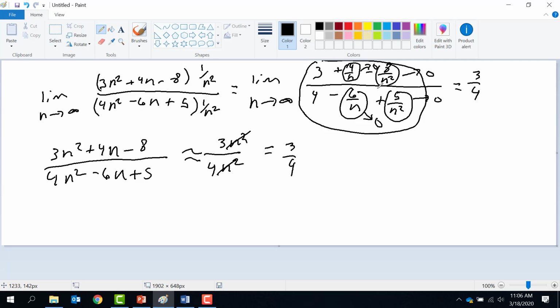That's because all of these other terms get closer and closer to 0 as n gets bigger and bigger. So for large values of n, when you have fractions, you can ignore all but the fastest growing terms, and you just have a single term in the numerator and a single term in the denominator. That's going to be important for what we're going to do today.